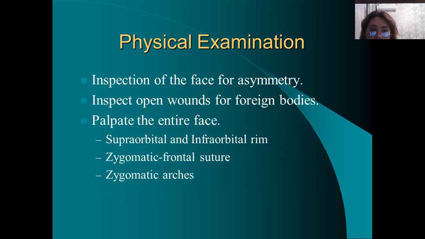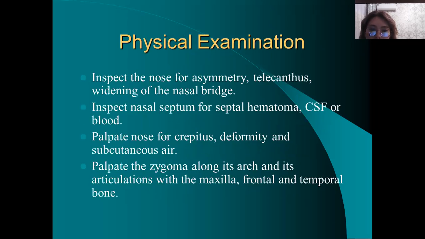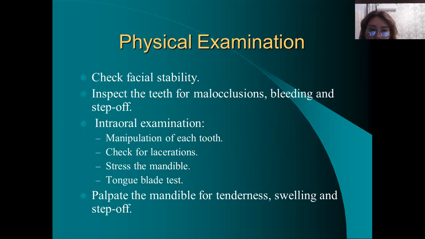Physical examination: inspection of the face for asymmetry, inspect for open wounds or foreign bodies, palpate the entire face, supraorbital and infraorbital rim, zygomatic frontal suture, zygomatic arches. Check facial stability, inspect the teeth for malocclusion, bleeding, and step off.